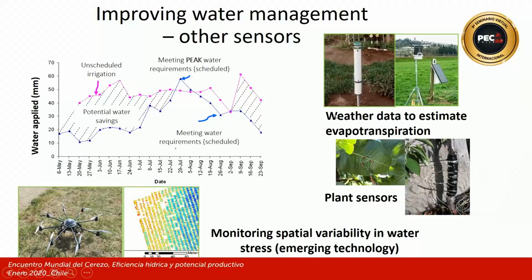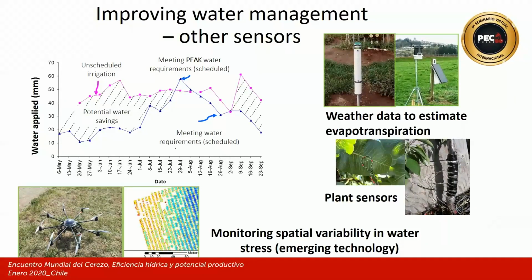Other sensors are often used to improve irrigation management. Weather data sensors are used to estimate evapotranspiration, and water is applied to replace the volume previously used. Alternatively, ET data can be used with soil moisture data to calculate a water balance for scheduling purposes.